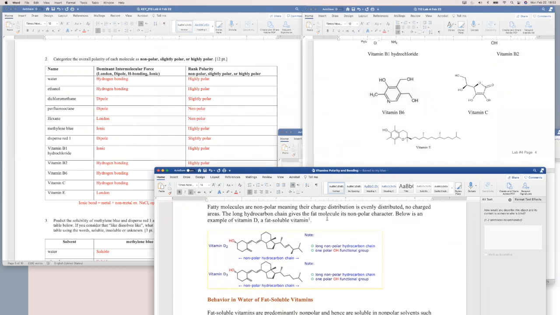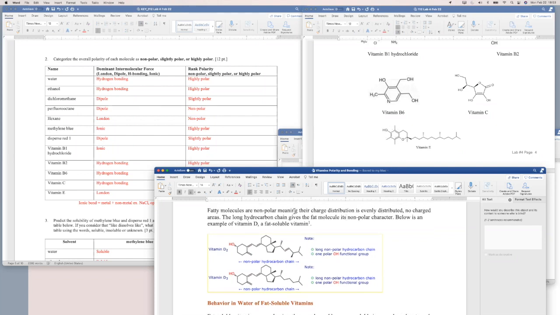So fat soluble vitamins, or fatty molecules, have this long hydrocarbon chain here. And they're going to make the whole structure non-polar, because this basically outweighs this single hydroxyl group here and this oxygen here. So that whole hydrocarbon chain just trumps the hydroxyl group here.